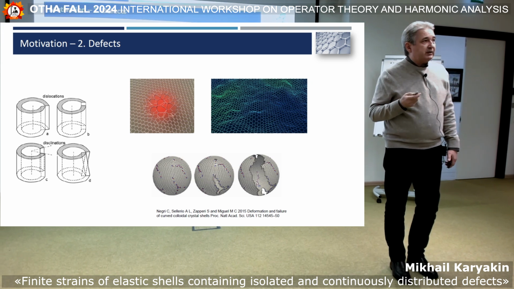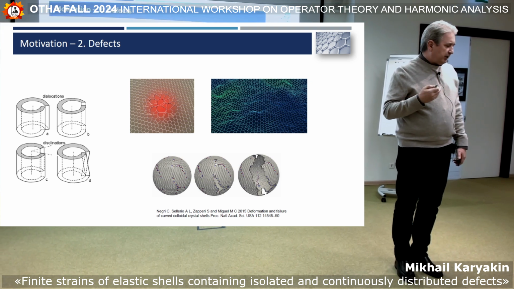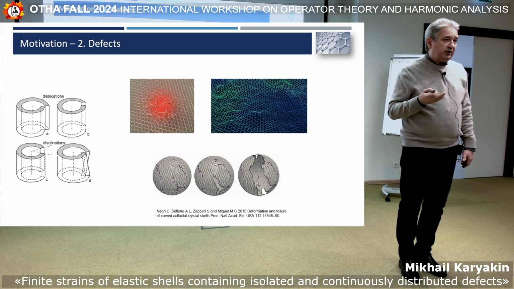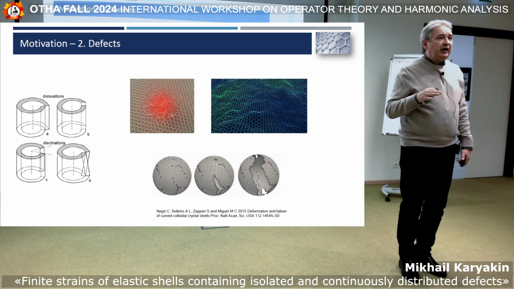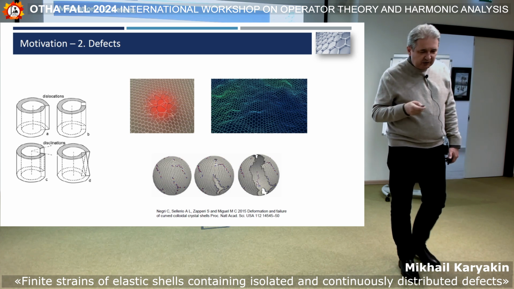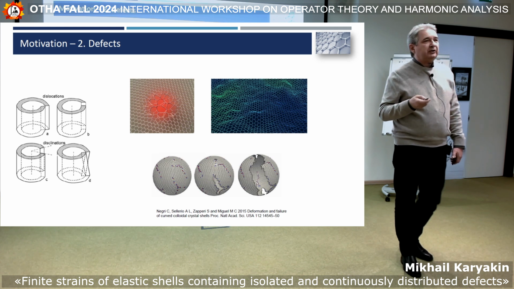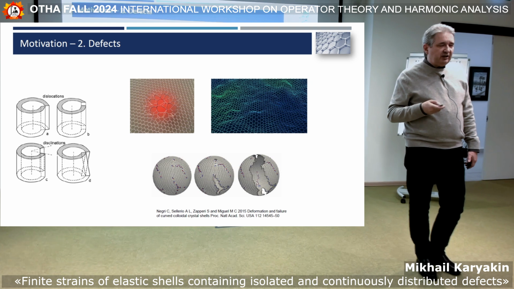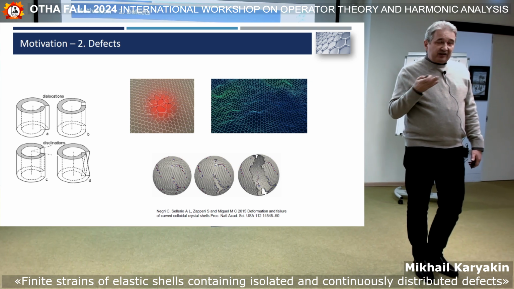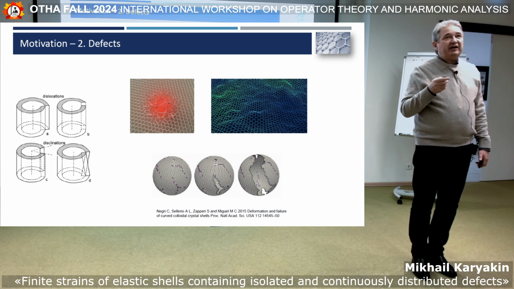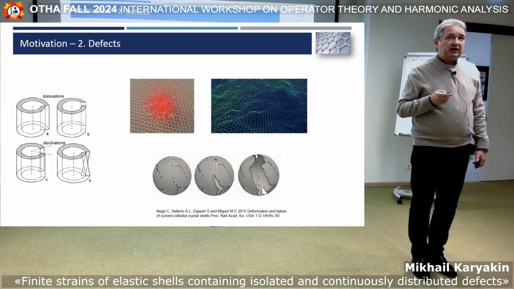Nowadays, defects again attract a lot of attention due to the well-known two-dimensional materials like graphene and so on. Modern industrial technologies for the production of such objects lead to the appearance of defects, and they can more or less be described by simple ideas like the Volterra dislocation.